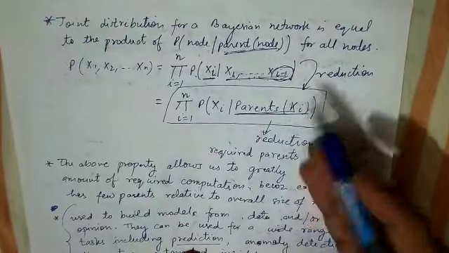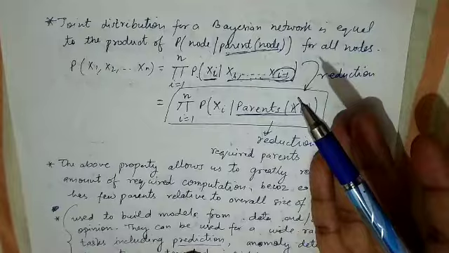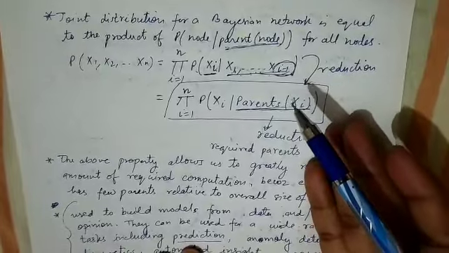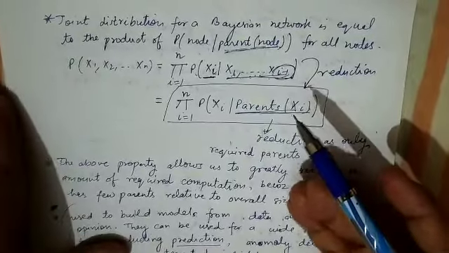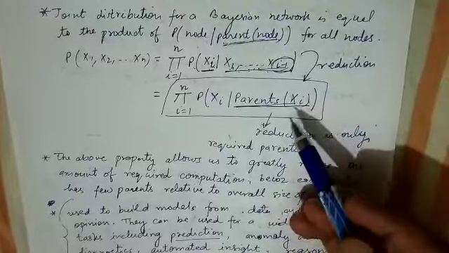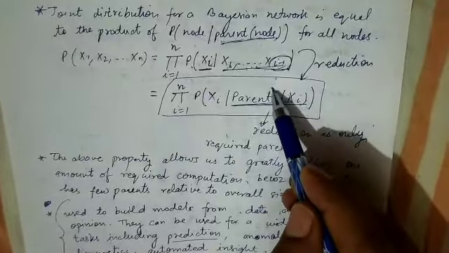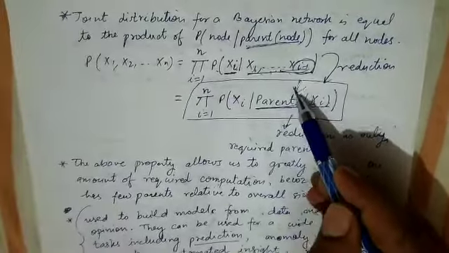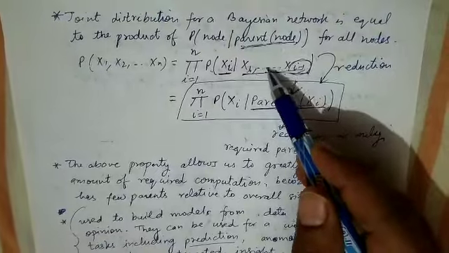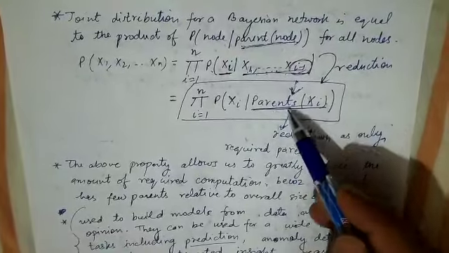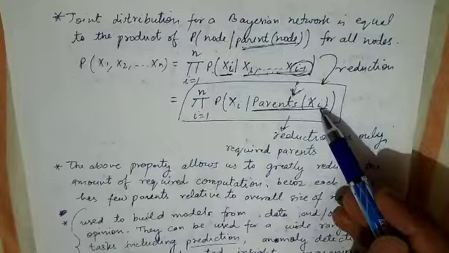This is the beauty of finding the joint probability for the Bayesian network: in the conditional probability, the variables are reduced from a large number of variables to only a few. Why is it few?